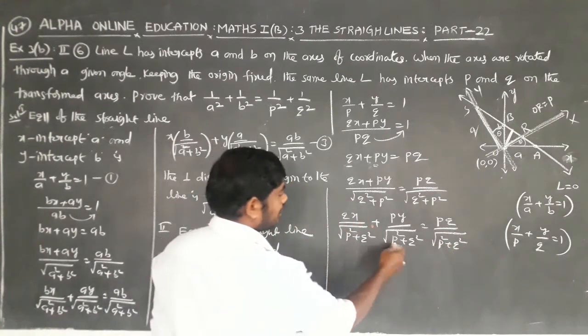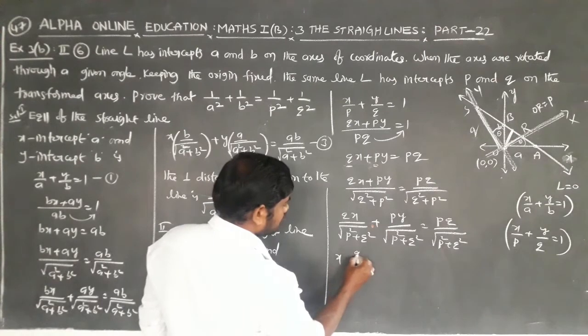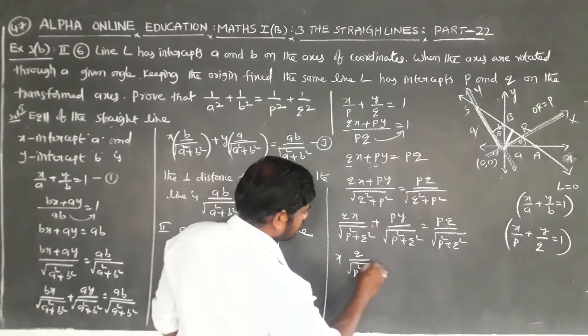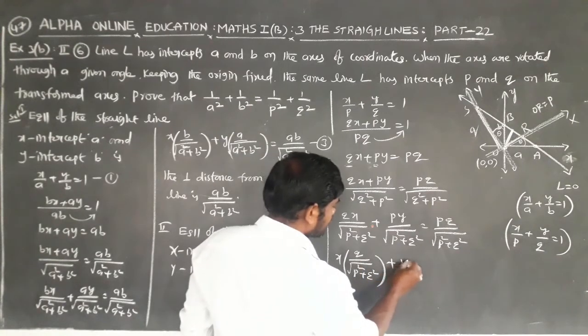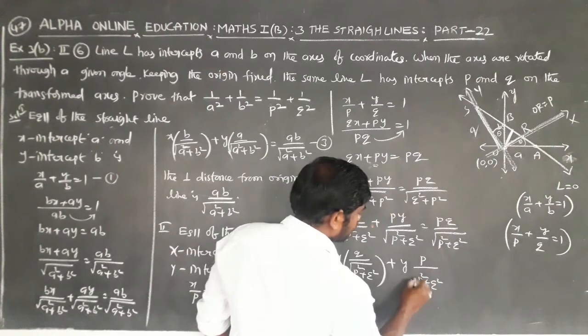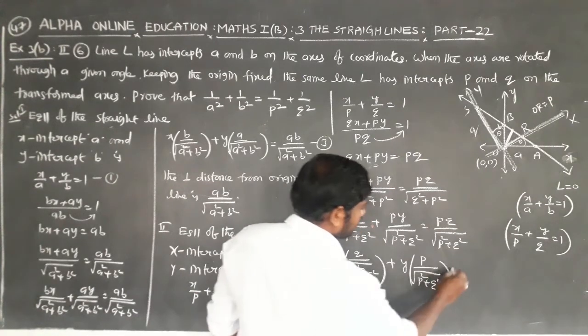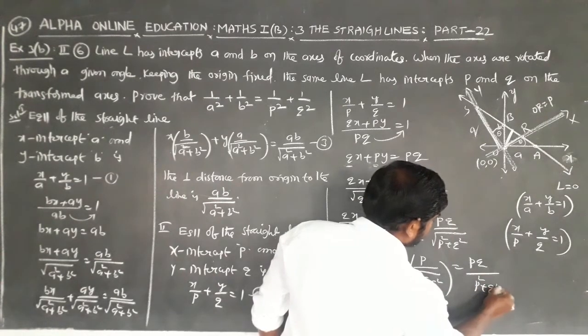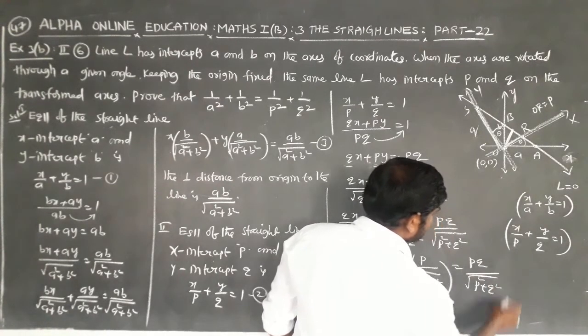This is the right order: x into Q by root of P square plus Q square plus y into P by root of P square plus Q square is equal to PQ by root of P square plus Q square.